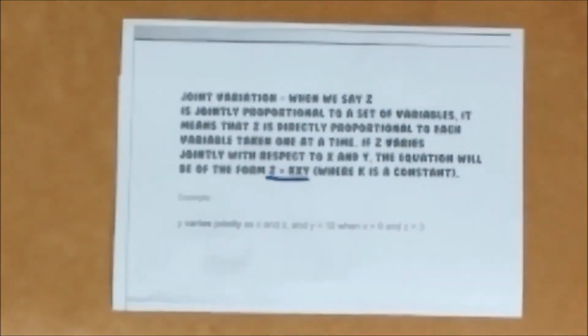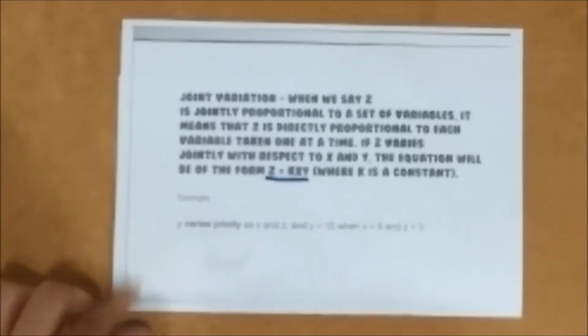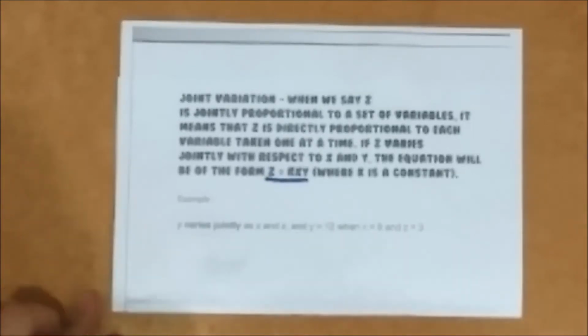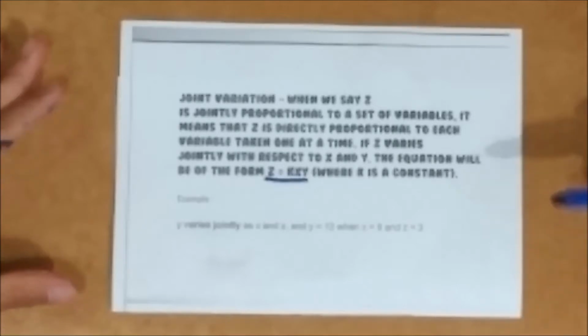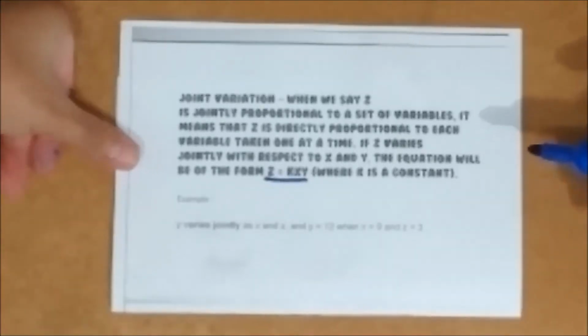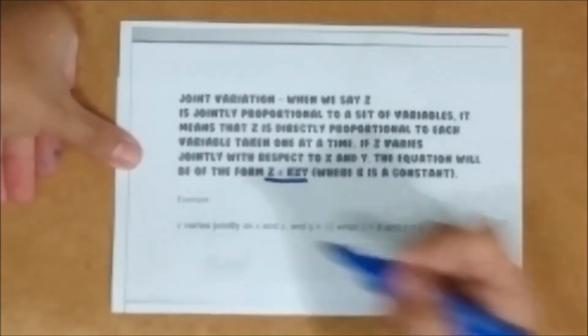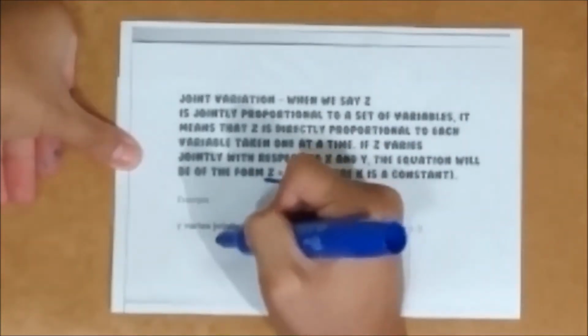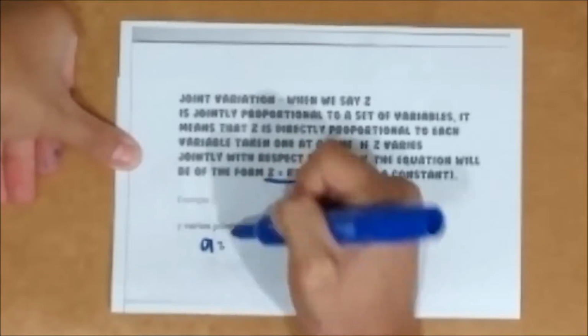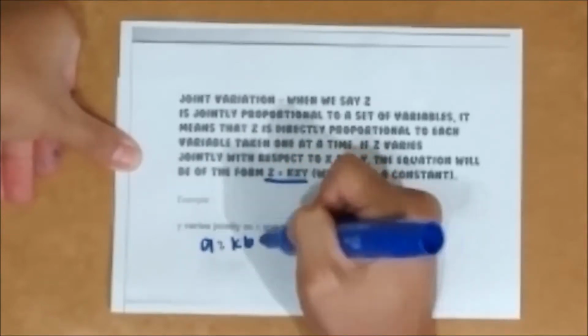Example, if y varies jointly as x and z, and y is 12 when x is 9 and z equals 3. Okay, so let's substitute. When you say joint, it only means that, for example, a equals kbc.